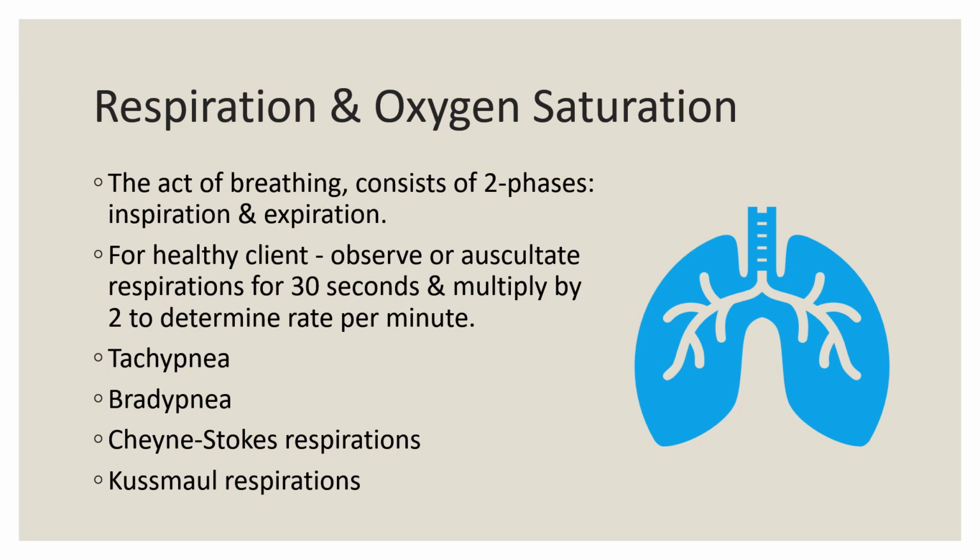For an individual with altered respiratory status or an individual that is ill, the nurse should assess the respirations for 1 full minute. Tachypnea is a higher than expected range. The routine range for respirations is 12 to 20 breaths per minute.